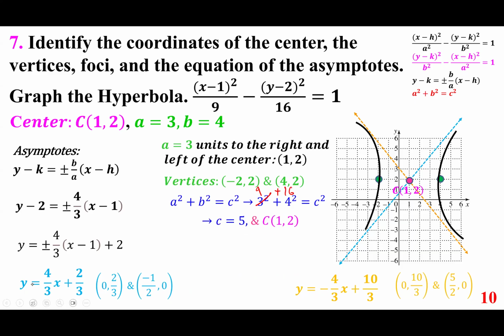And starting with the center at 1, 2, and finding C equals 5, we're going to go C units to the right and left. That means if I want to go to the right, I'm going to add 5, I get 6, 2. If I want to go to the left, I'm going to subtract, 1 minus 5 is negative 4, comma 2.